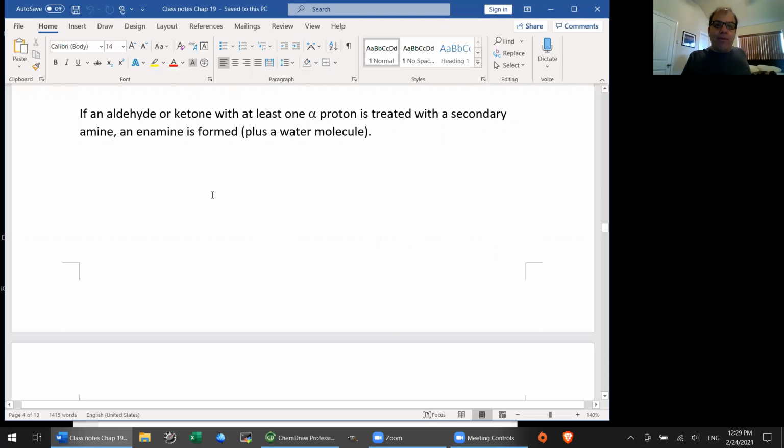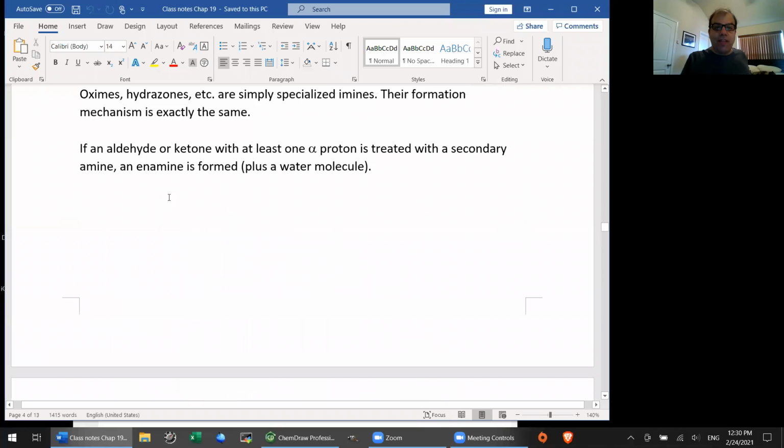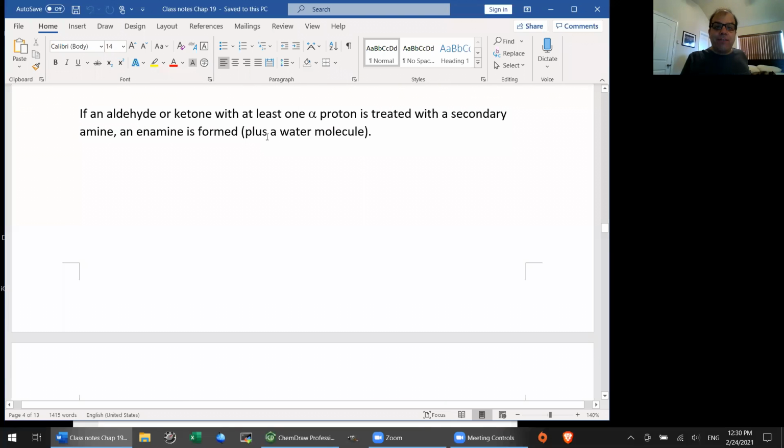If you're okay with imines, then we have just one category of amines to consider, and that's secondary amines. Secondary amines can also react with aldehydes and ketones, but only if the aldehyde or ketone has at least one alpha proton. The definition of alpha is next to. So if that's something new or you forgot about that, please write that down.